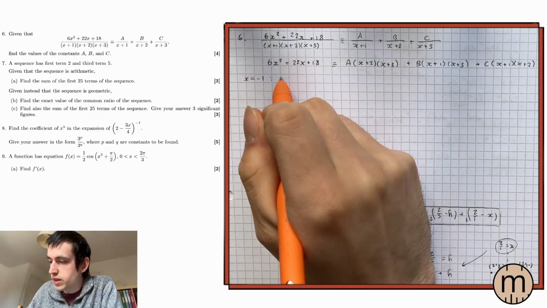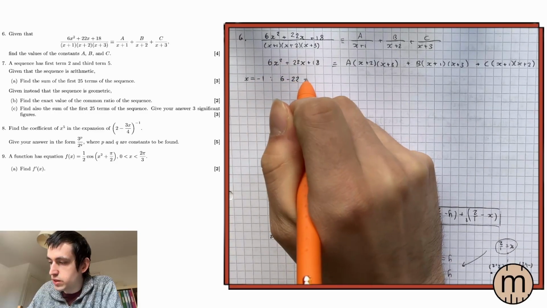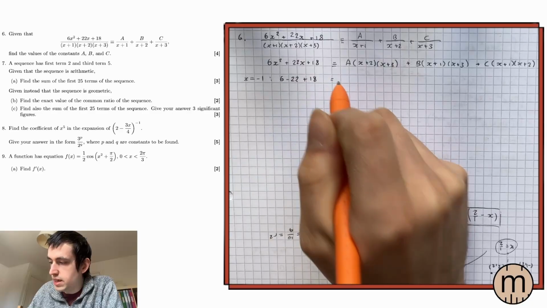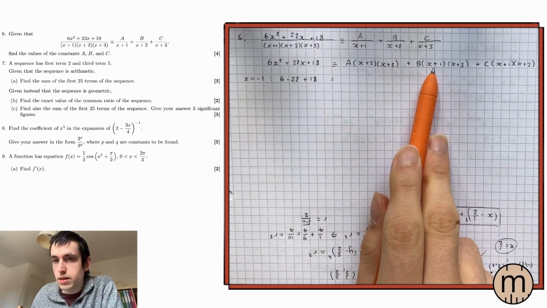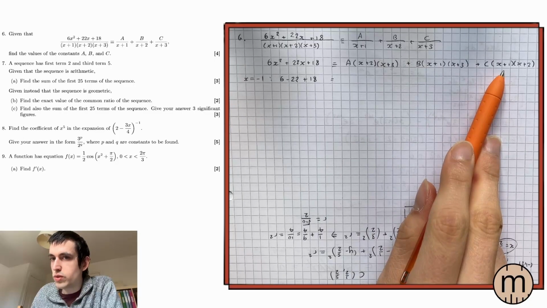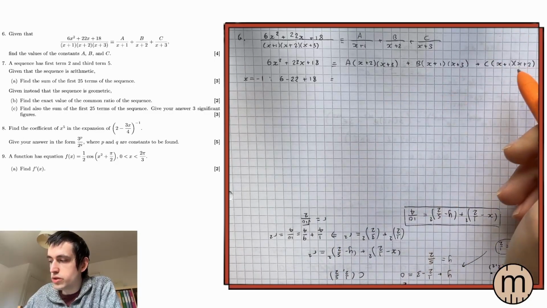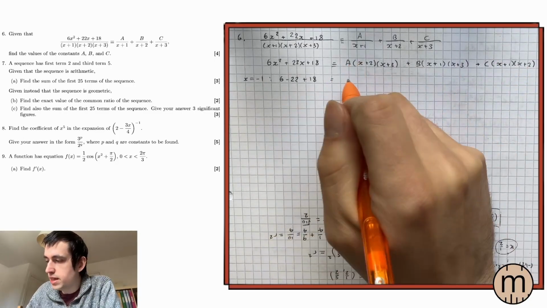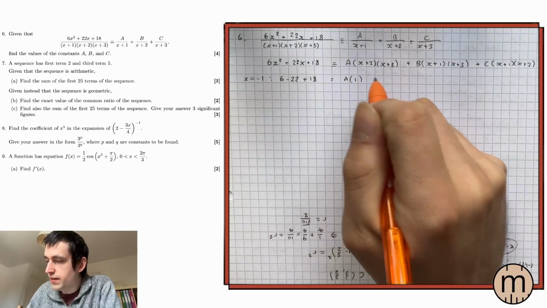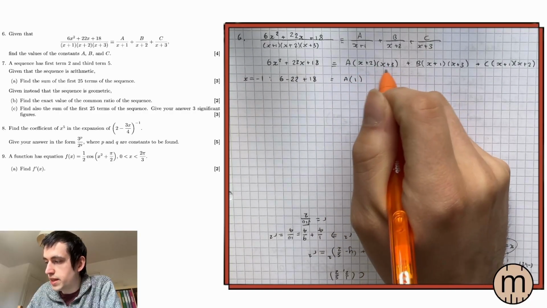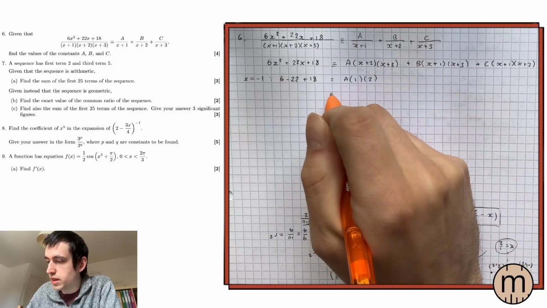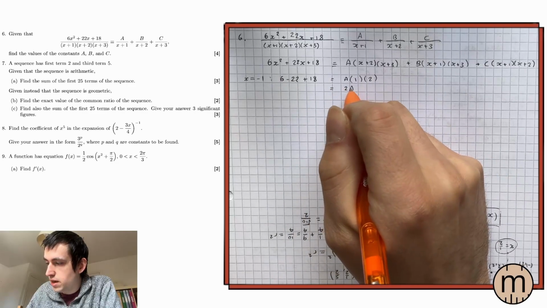So over on the left, we're going to have 6 minus 22 plus 18. And on the right, you might notice minus 1 plus 1, 0. Minus 1 plus 1, 0. So those two terms, the B and the C, they disappear completely. And we get left with minus 1 plus 2 and then minus 1 plus 3, which is going to give us 2A here.